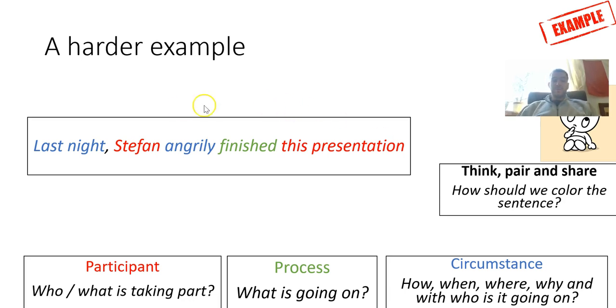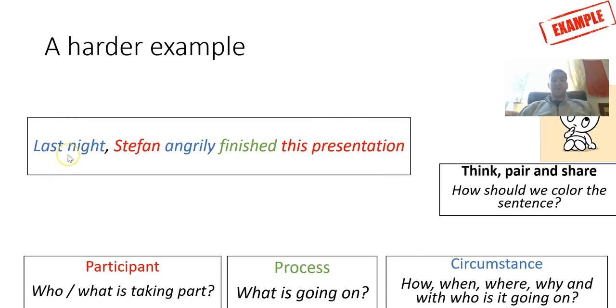Then angrily tells us something about the manner, or how I finished this presentation. So it's kind of the way or the manner that I finished the presentation. So we color it blue because it's describing the process. Last night is also describing the process and it tells us something about when I finished this presentation.